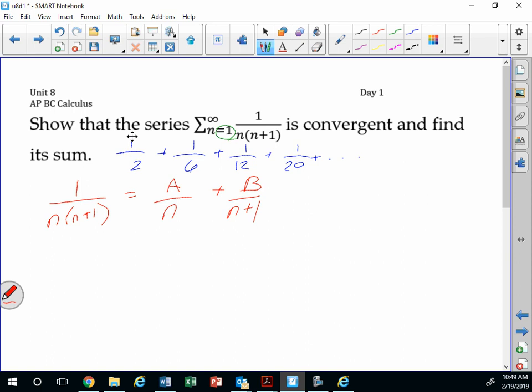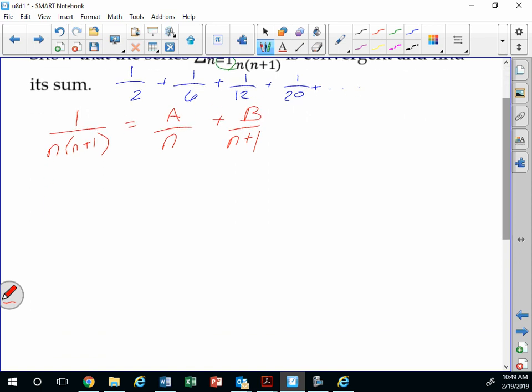Partial fraction decomposition. Find me A and B.